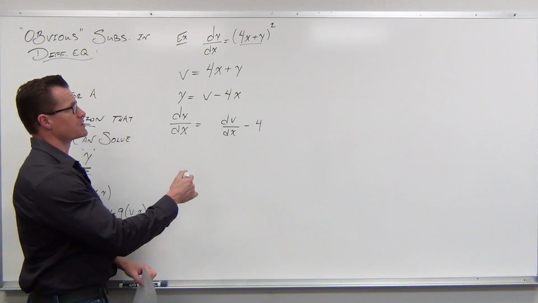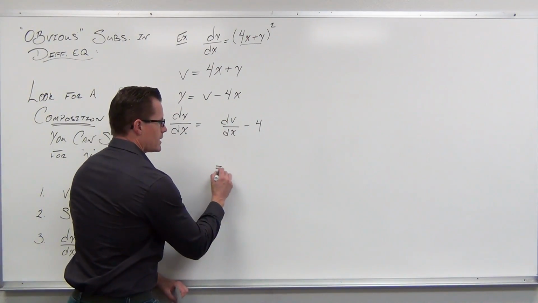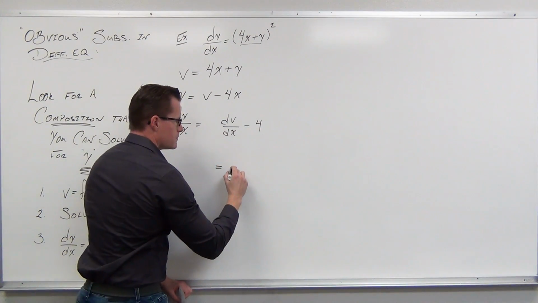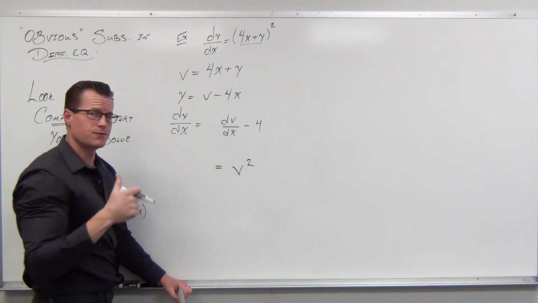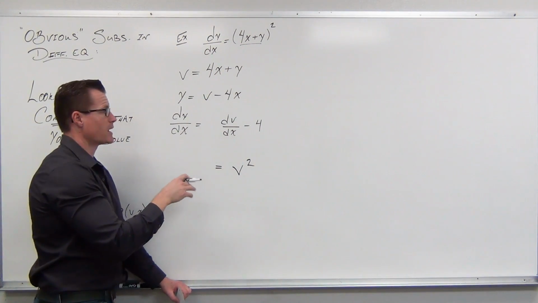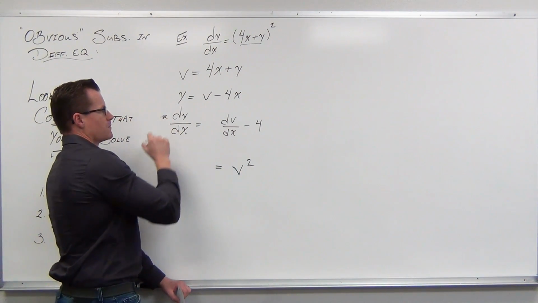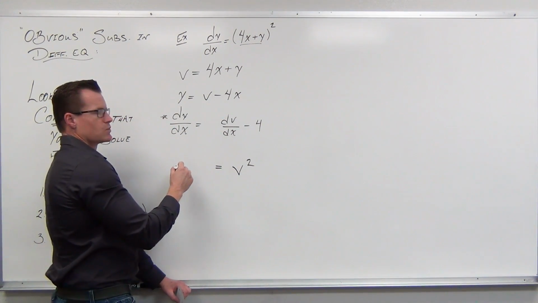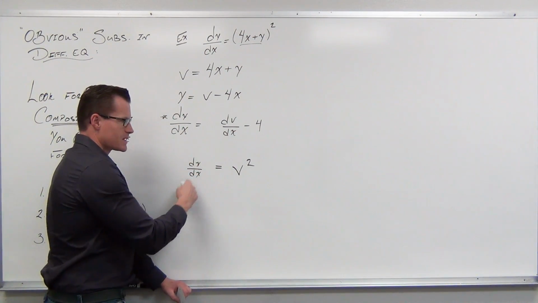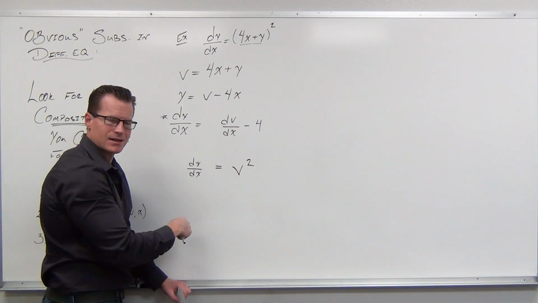So we're going to make our substitution. On the right-hand side, this part is v. So we'll get v squared. On the left-hand side, we also needed to replace dy dx, and it's right here. So dy dx says, well, don't write dy dx. I don't want dy dx because I have 3 variables right now, and I can't integrate like that.